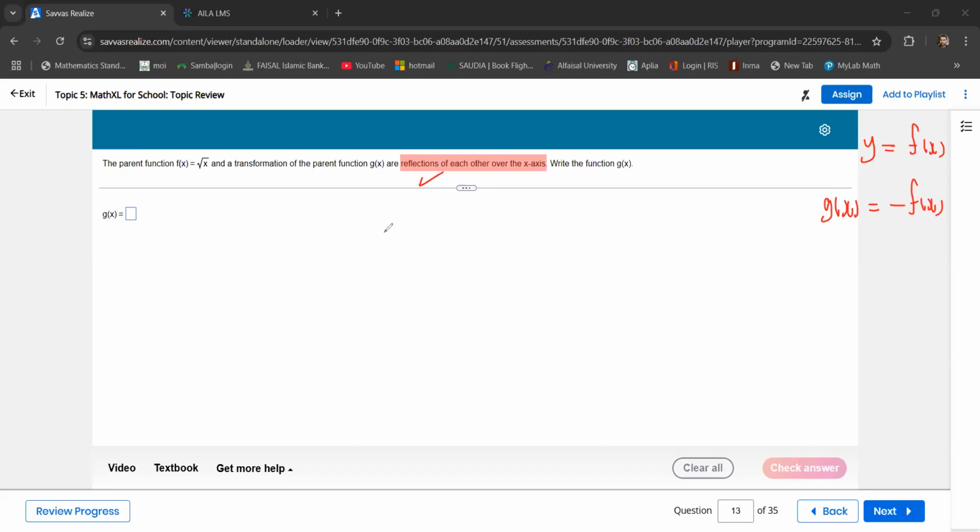So actually what we are going to do is we put a negative in front of the radical, which means g of x should be negative square root of x. And to remind you with the graph, the normal graph of the parent function f of x is this way.